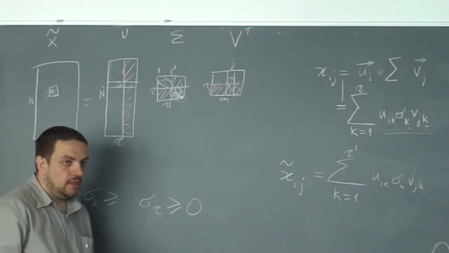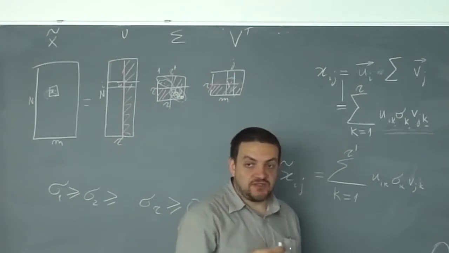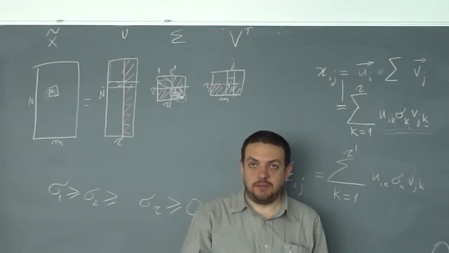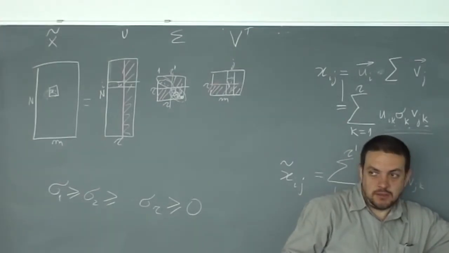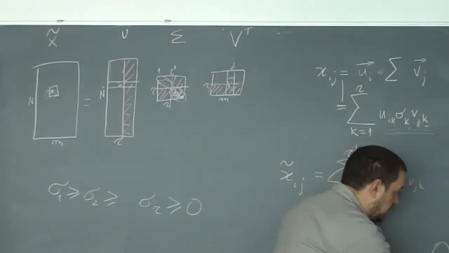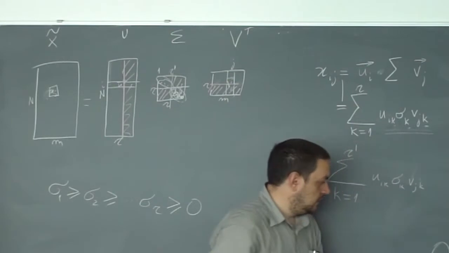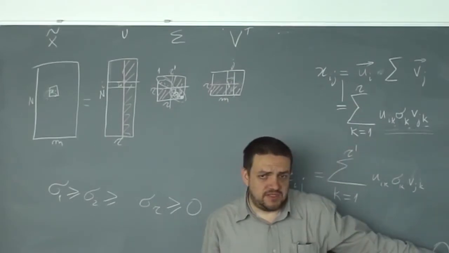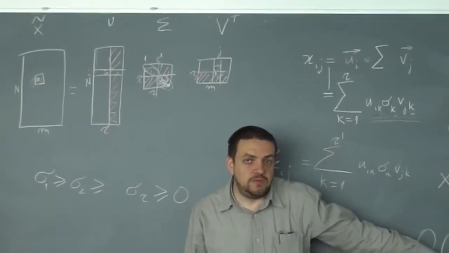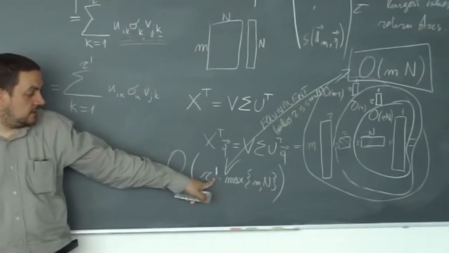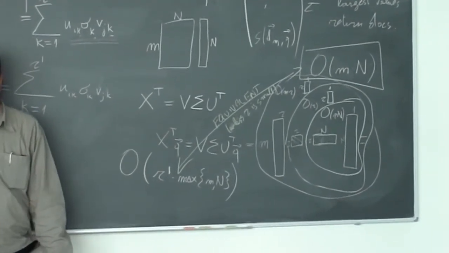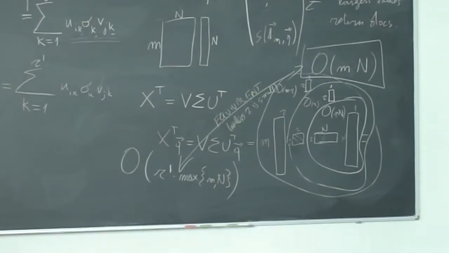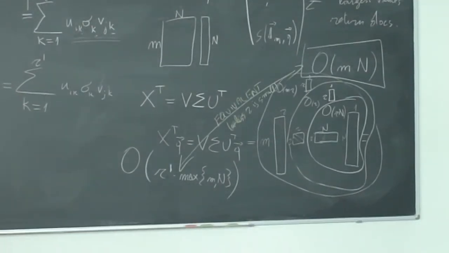Now, of course, if you make R prime much smaller than the original R, you get an advantage in these operations. Because here, you are taking an arbitrary R prime, which can be much smaller than both M and N. Which is what can actually be done in practice.